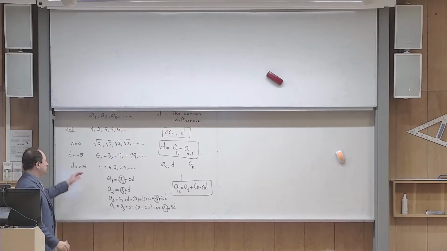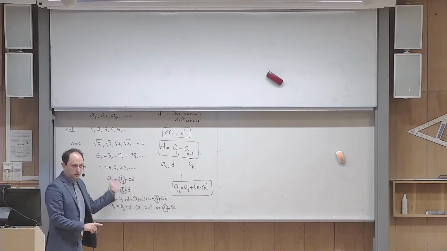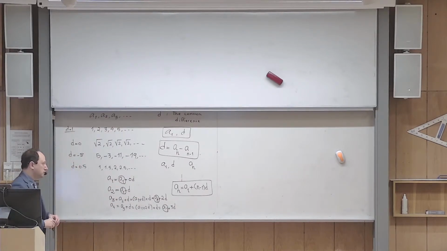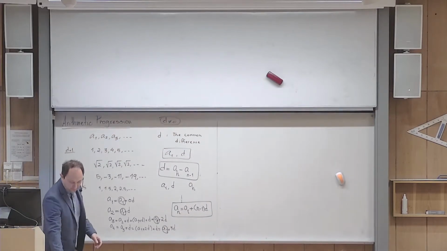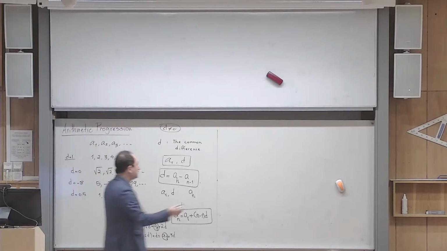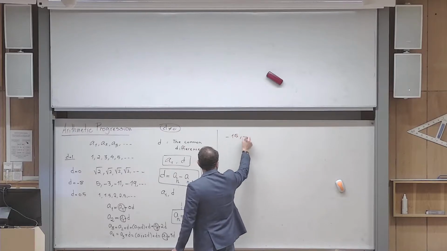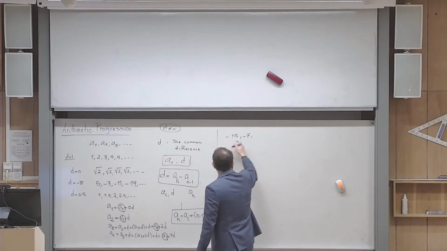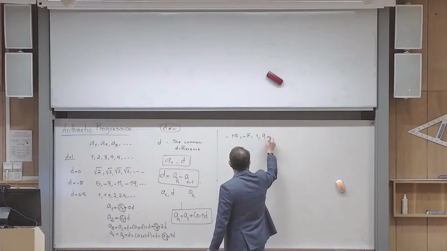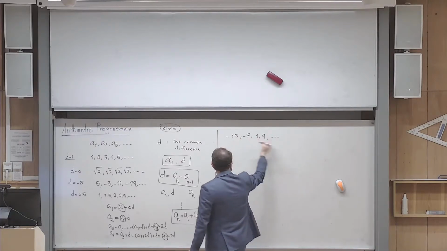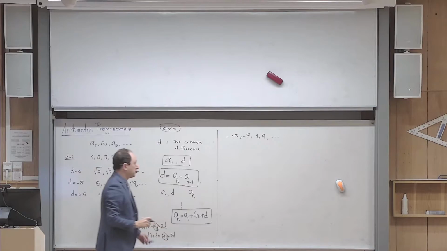So if I give you A1 and I give you D, I can ask you about all the terms in the sequence, and you can use this formula, which is of course given in the formula sheet, and calculate that. For example, if I give you this sequence: minus 23, minus 15, minus 7, and then 1 and 9, etc. I'm telling you that this is an arithmetic progression.